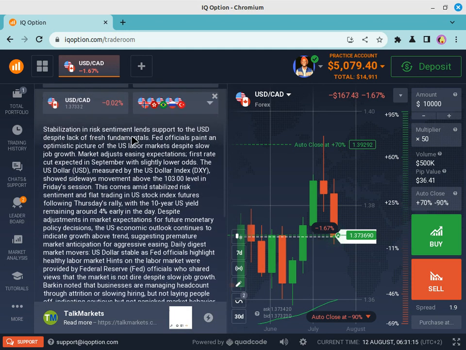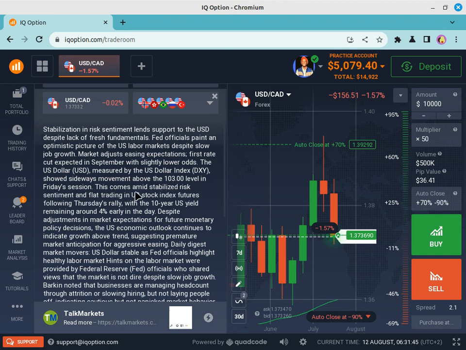Now, stabilization in risk sentiment lends support to the USD despite lack of fresh fundamentals. Officials paint an optimistic picture of the US labor markets despite slow job growth. Market adjusts easing expectation, with the first rate cut in September at slightly lower odds. The US dollar, measured by the US dollar index, showed sideways movement in Friday's session.